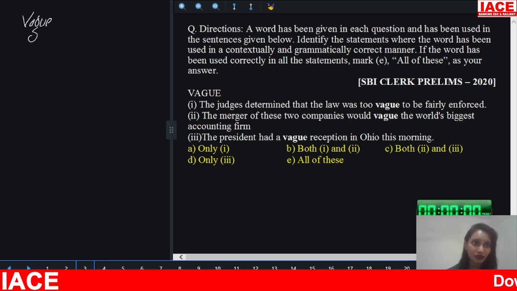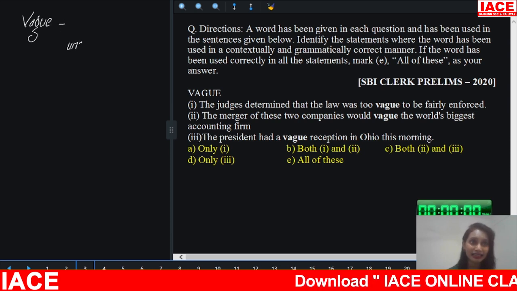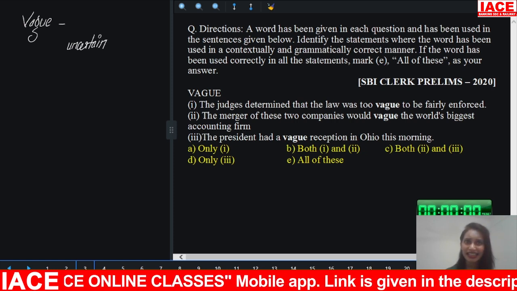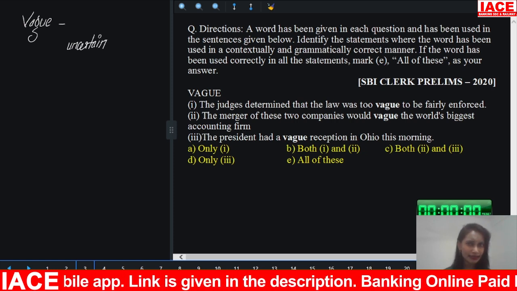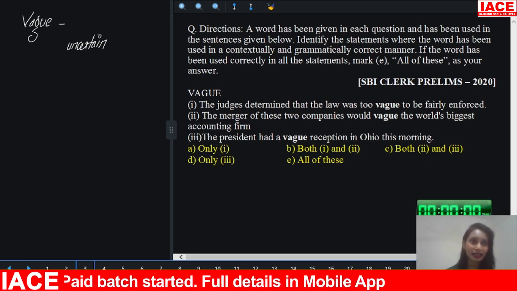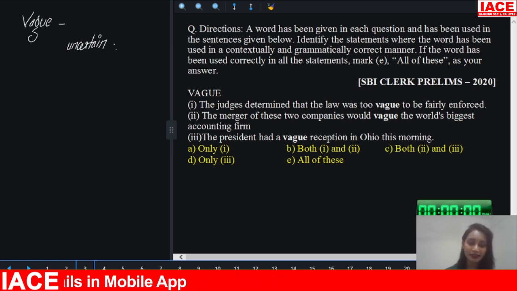So vague has different meanings. One meaning of vague is uncertain. So we generally say in class, don't give me vague answers. That means don't give me answers which are not certain. So, of uncertain. Another meaning is indefinite.